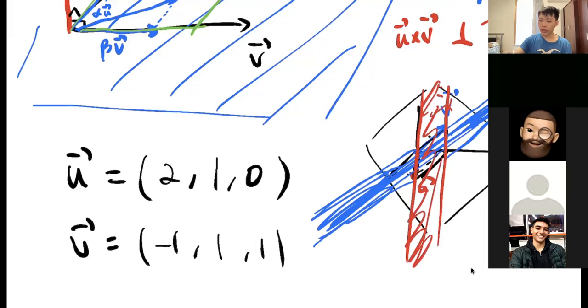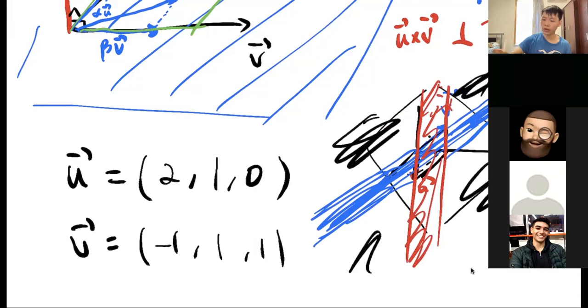And then when you stretch them together, you fill the gaps here, here, and here. So that's why you get the plane. That's why it's the span of u and v. Does that make sense?